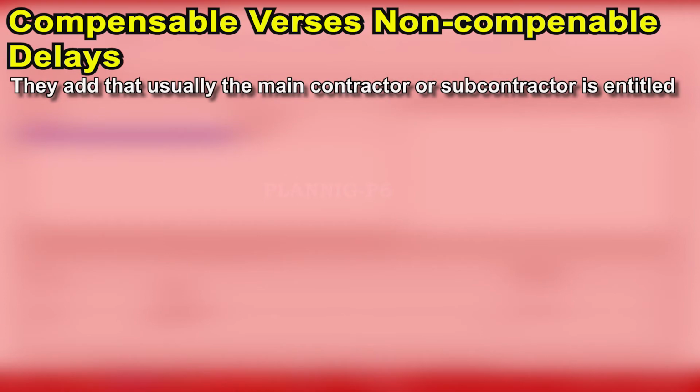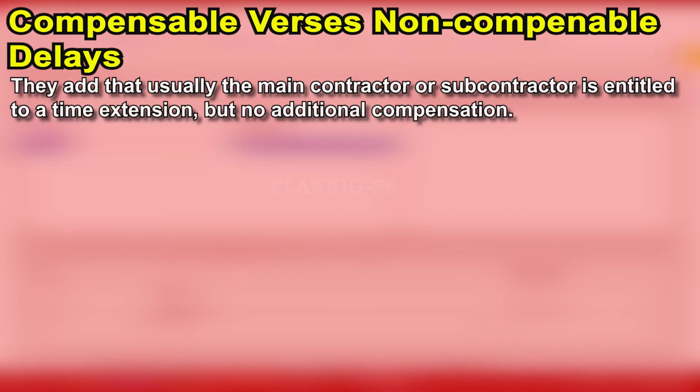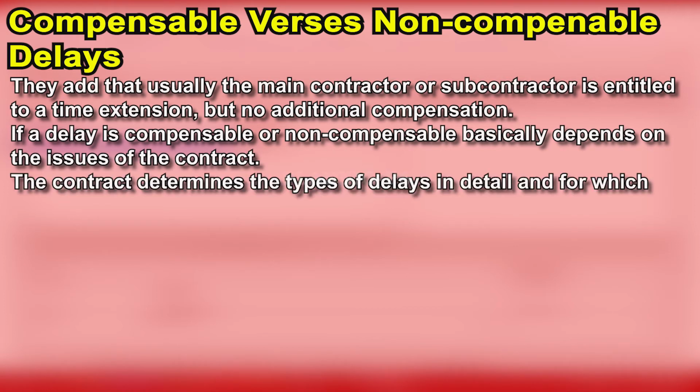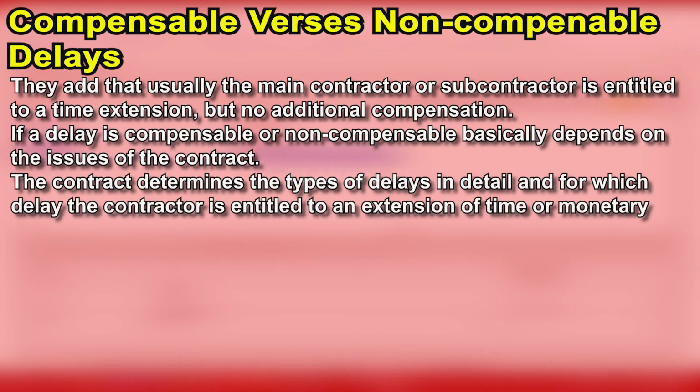Usually the main contractor or subcontractor is entitled to a time extension but no additional compensation. Whether the delay is compensable or non-compensable basically depends on the issues of the contract. The contract determines the types of delay in detail and for which delay the contractor is entitled to an extension of time or monetary compensation.